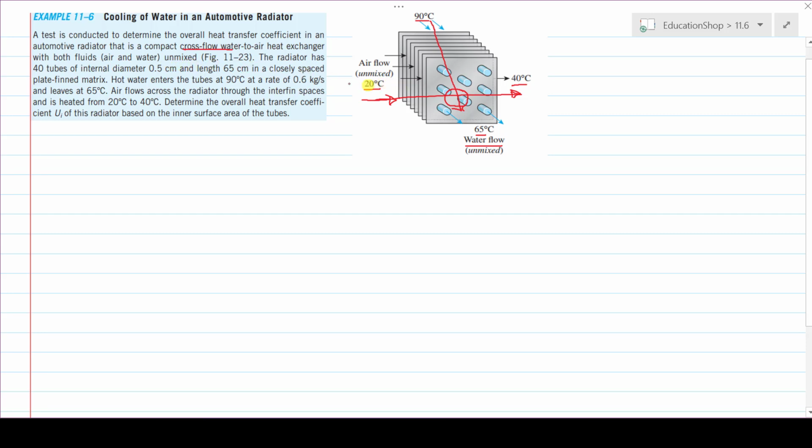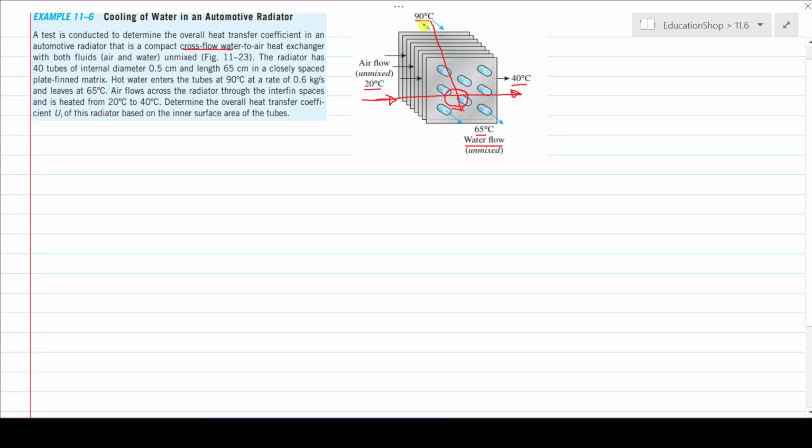As you see in the figure, the radiator has 40 tubes of internal diameter 0.5 cm and length 65 cm in a closely spaced plate finned matrix. Hot water enters the tubes at 90 centigrade at a rate of 0.6 kg per second and leaves at 65 centigrade.